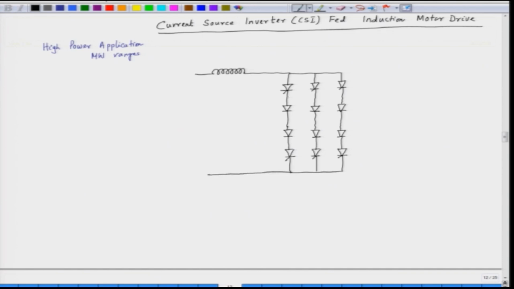We have the capacitors between the SCRs and the diodes. They are called the commutating capacitors. Similarly, here also. And then we have the induction motor, which is the load.